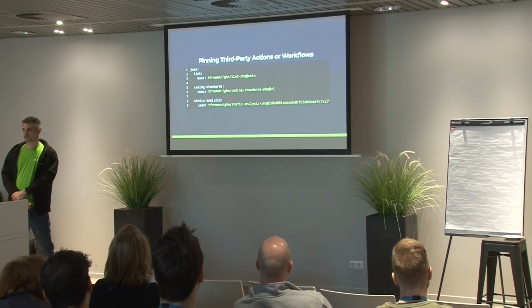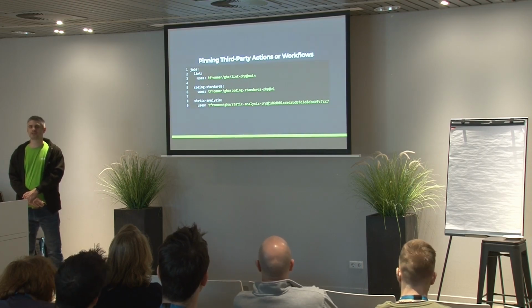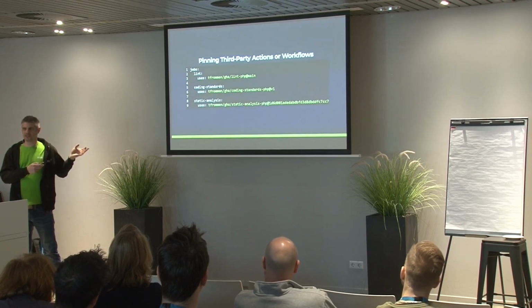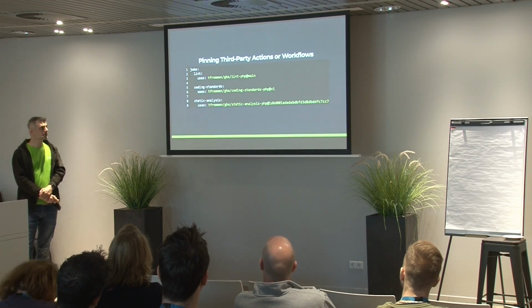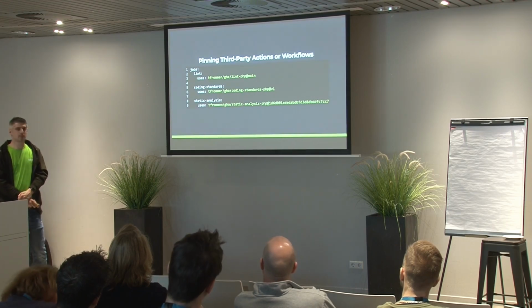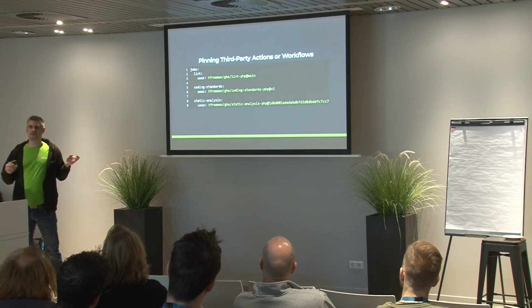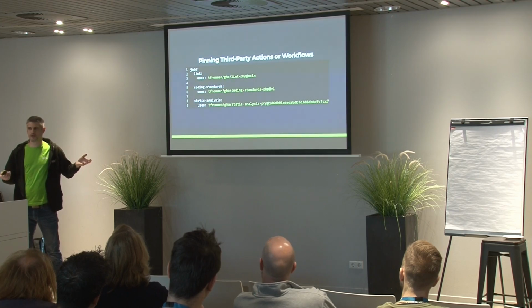Another thing that you may want to at least consider is pinning third-party actions or workflows. That is, what version of that, and again, this is also Git code, do you want to execute? The first version in line 3 uses a branch name. And as you know, that just means if there's a new commit, by the next workflow execution, you use that new commit automatically.